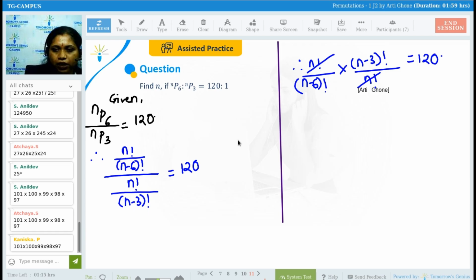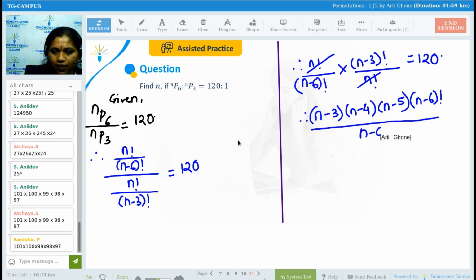So n factorial gets cancelled. So n minus 3, n minus 4 and n minus 5, n minus 6 factorial upon n minus 6 factorial is equal to 120.